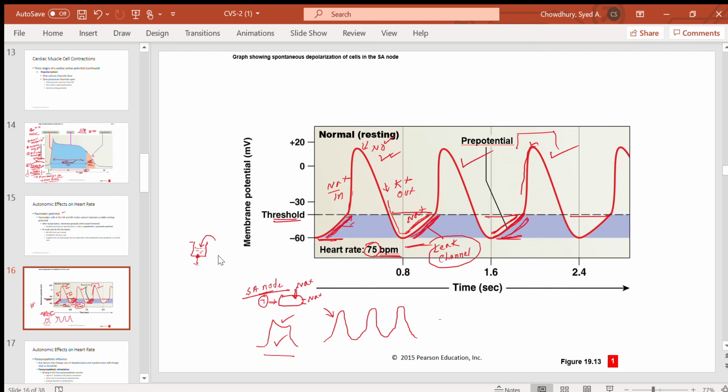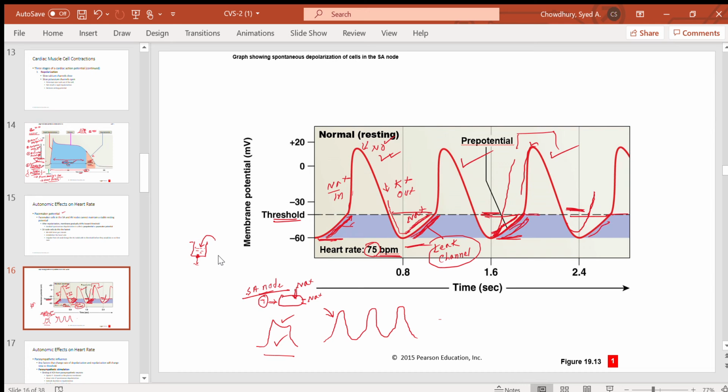It will be slow. Now, if I can make it faster, what will happen? If I make it faster, close that leak channel, then the next beat will be faster. The interval will be short, right? And if I can make this part longer, then the interval between the beats will be longer, right?